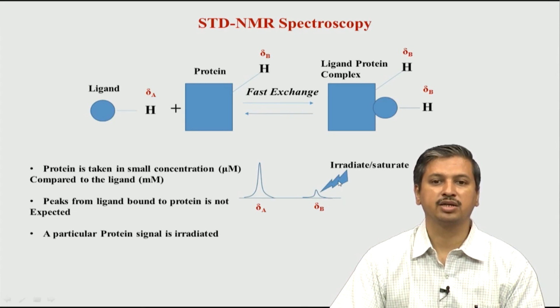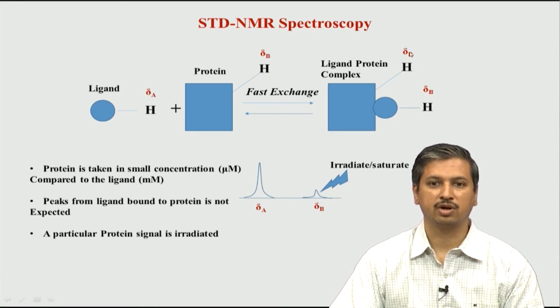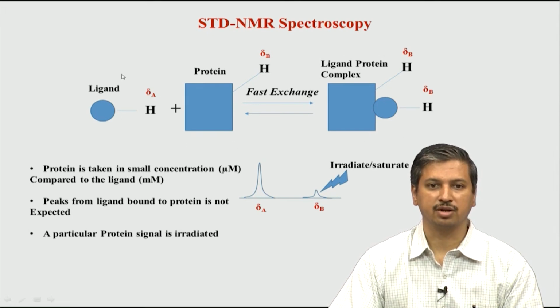When I irradiate this signal of the protein, as we discussed in the last slide, this signal will go to 0. But not only that, it will transfer its decrease in intensity because of saturation to the ligand which is bound, and from there it gets transferred all the way to the free ligand, because the free ligand is also in exchange.